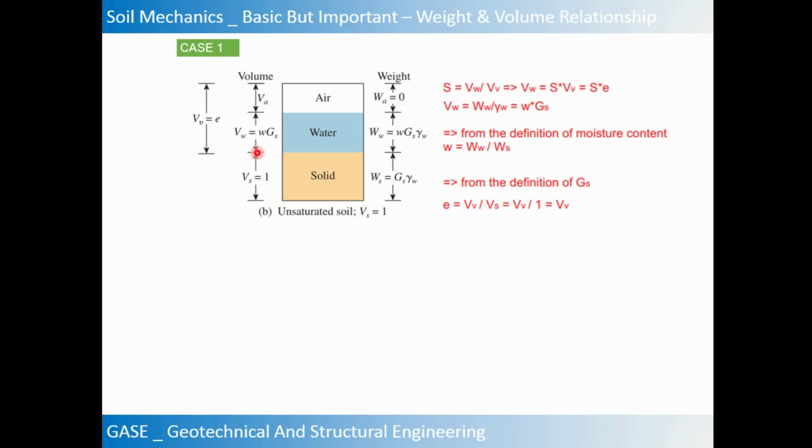And also to explain how the volume of the water is equal to the moisture content times the specific gravity of the solid soil, we also have here the volume of the water is equal to the weight of the water divided by the unit weight of the water.